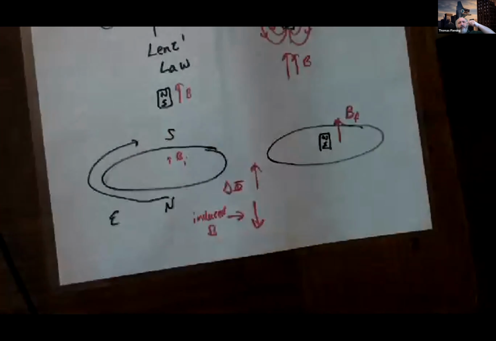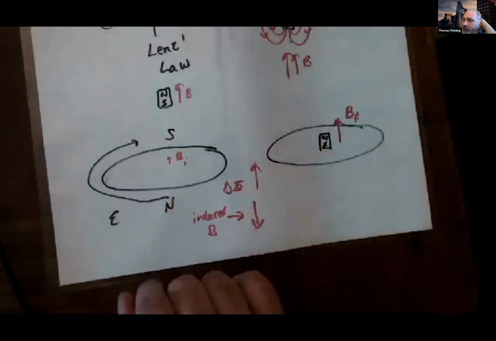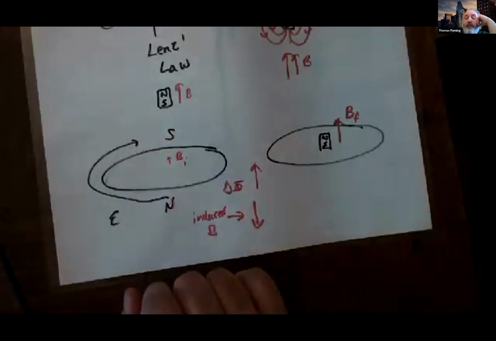It takes energy to send currents through that loop. But where would that energy even come from? The energy doesn't just come out of nowhere. Energy is conserved, right? So if I'm going to have energy to send current around this loop, I've got to get that energy from someplace.